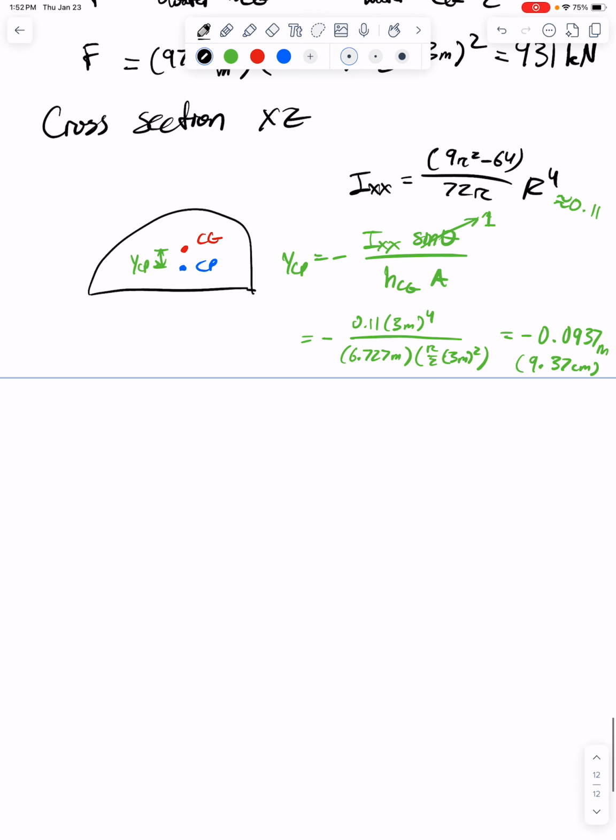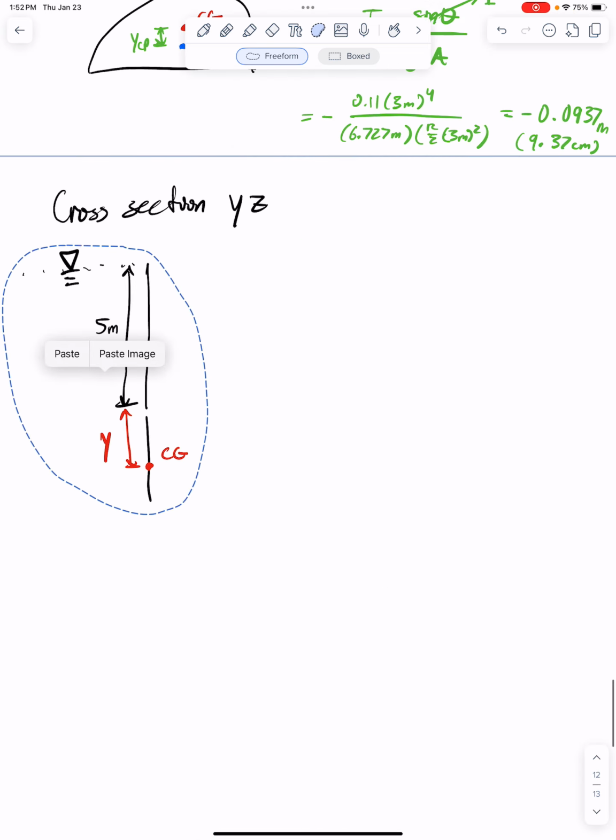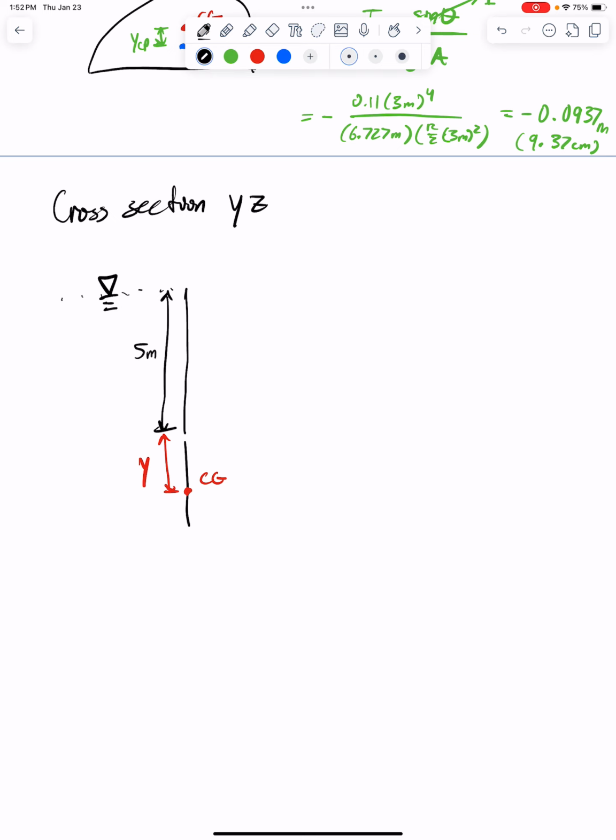Jumping back to our first cross-sectional view, remember the following. The force is being applied at the center of pressure location.